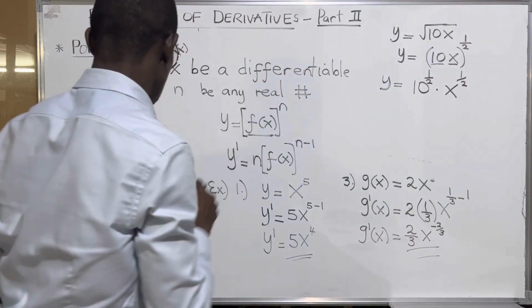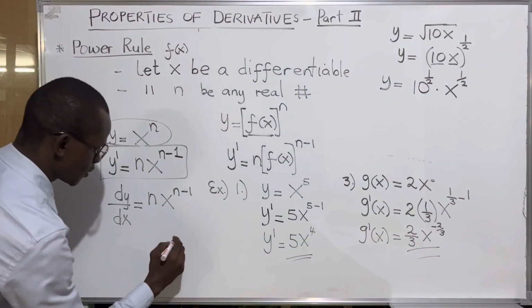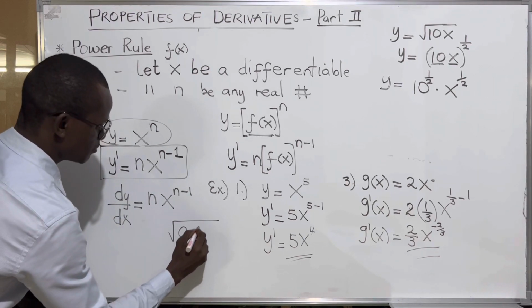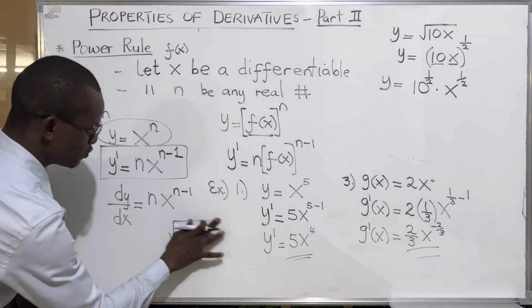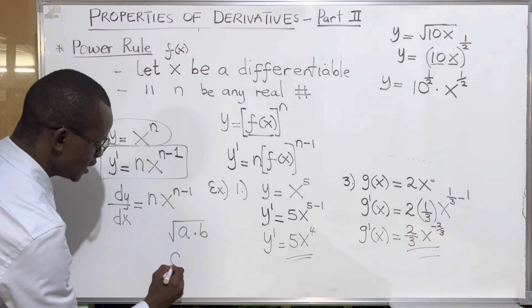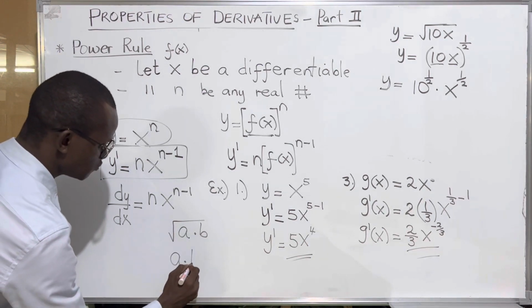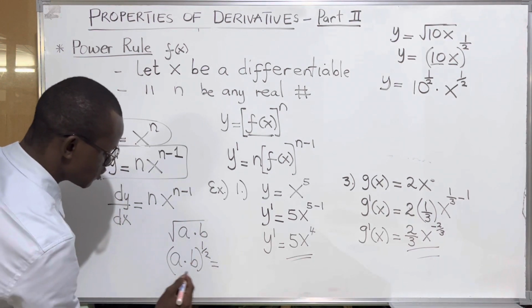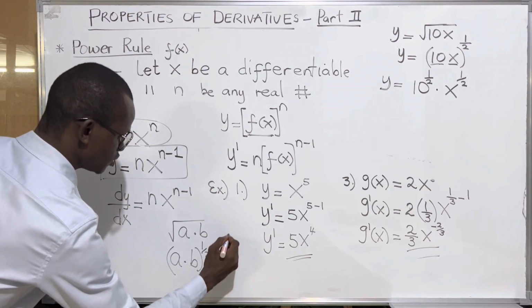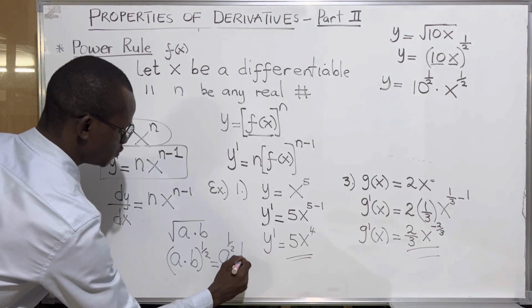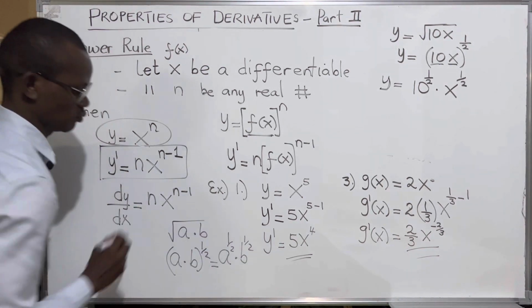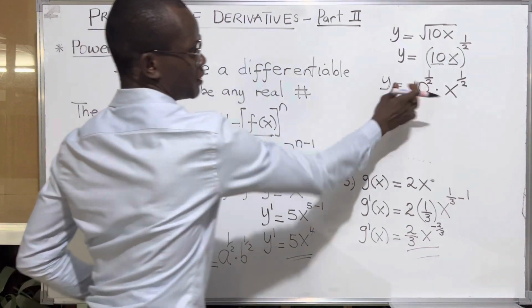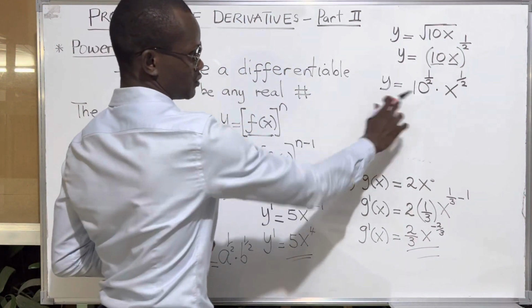Because the rule says if you have the square root of a times b, if you want to rewrite it in exponent form, it can be a times b raised to the power 1 over 2. This is also equal to a raised to 1 over 2 times b raised to 1 over 2. So this is exactly the property that we are using.